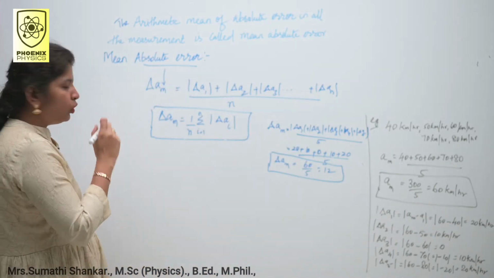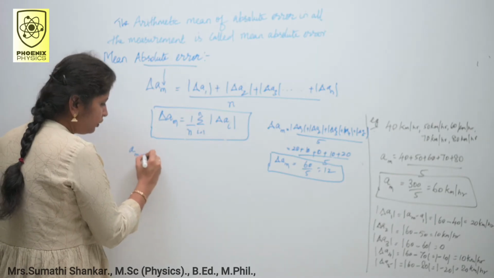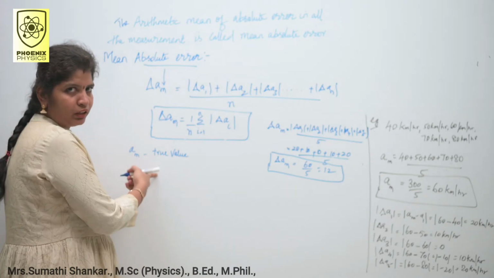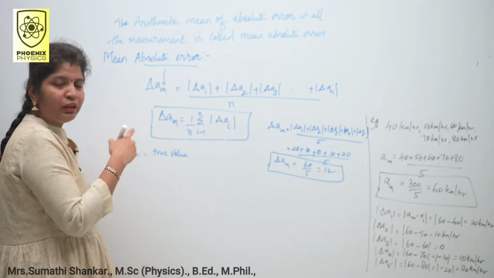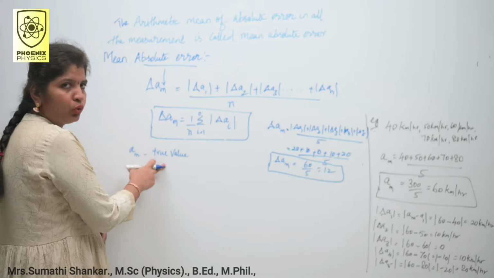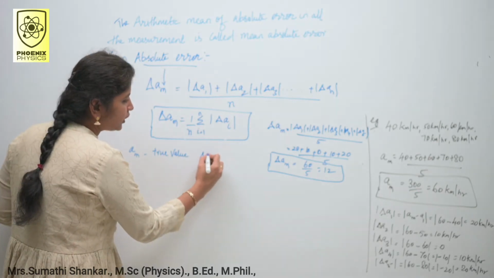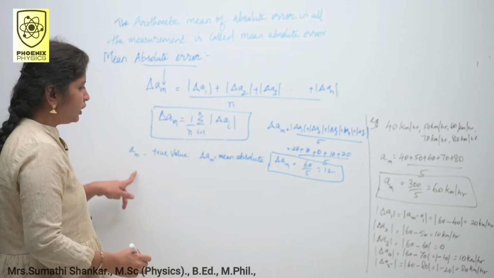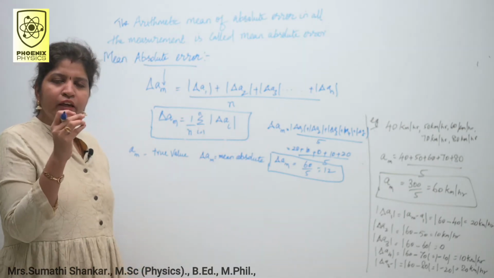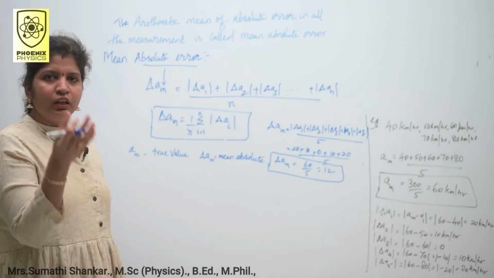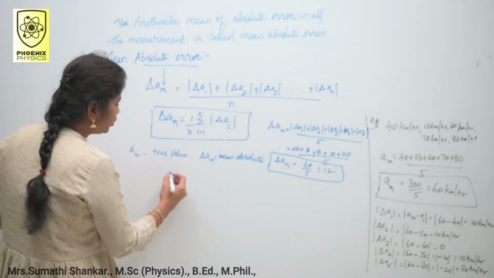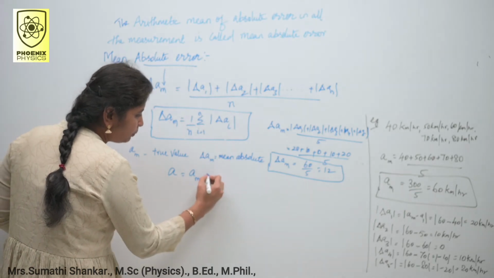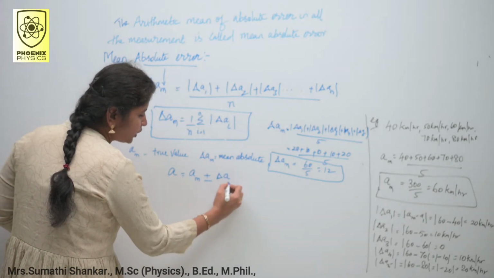Now you know that AM is our true value. What is AM? Arithmetic mean. So arithmetic mean is otherwise called the true value, and this delta AM is our mean absolute error. Now if you take a single measurement, the value will be in the range A equal to AM plus or minus delta AM.